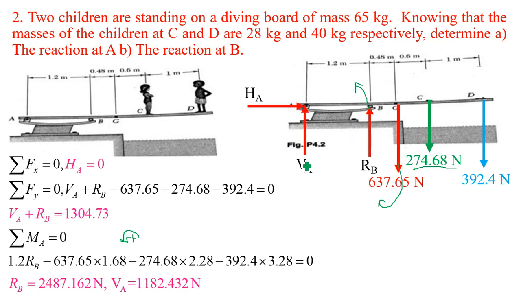Then again 274.68, perpendicular distance 1.2 plus 0.48 plus 0.6, 2.28, nature of movement again clockwise minus, and then similarly 392.4, nature of movement again minus. So now solving this equation, we get RB as 2487.162 and VA as 1182.432 Newton.